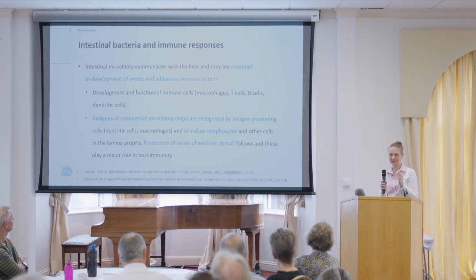To have a little bit more understanding how it works in our guts, the intestinal microbiota do communicate with our immune system. They allow our system to develop. Very simply said, we have our colon, large intestine. We have a lot of bacteria in the lumen as well as in the mucosa. The mucosa microbiota are even more important.